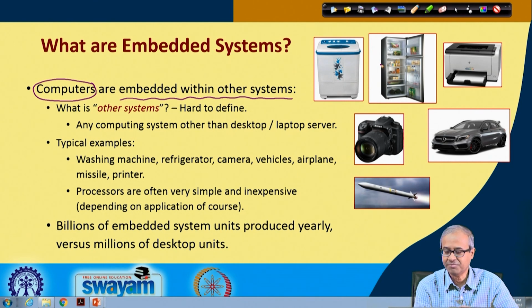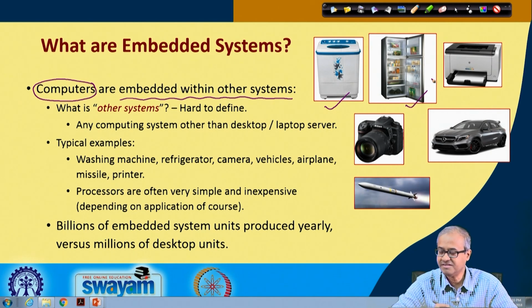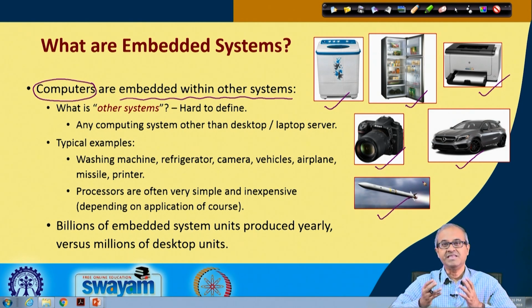Here you see a washing machine, a refrigerator, a laser printer, a digital camera, an automobile, and a missile flying through the sky. These are all examples of embedded systems.